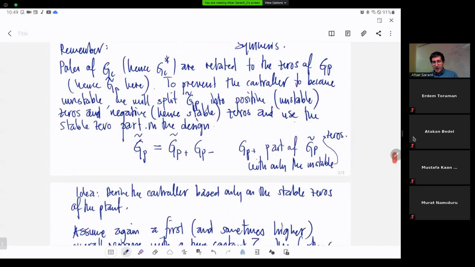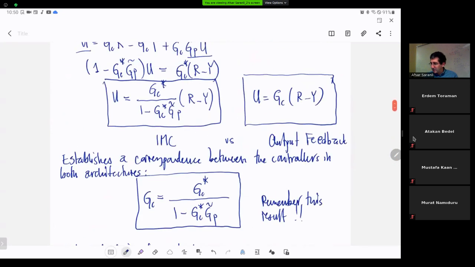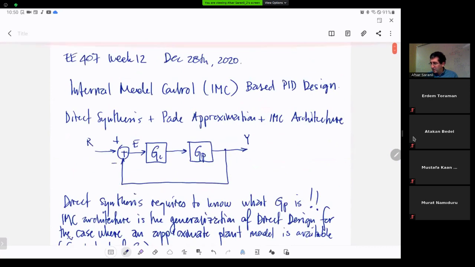By the way, guys, I forgot to mention that this derivation, you can find it over here. Internal model control, you can also read about this discussion in Chao's book, PC Chao, which is one of our references.